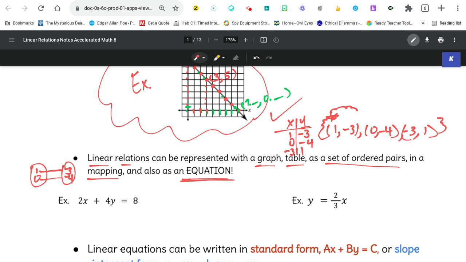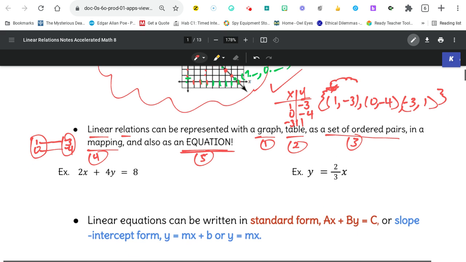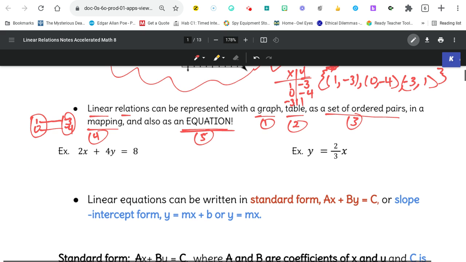And it can also be represented as an equation. So linear relations can be represented 5 ways, guys. Let me give you an example of the equation. 2x plus 4y equals 8 is a linear equation.